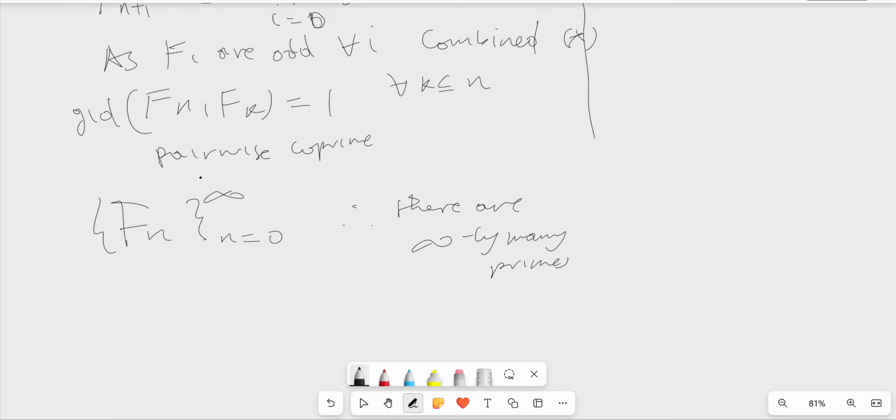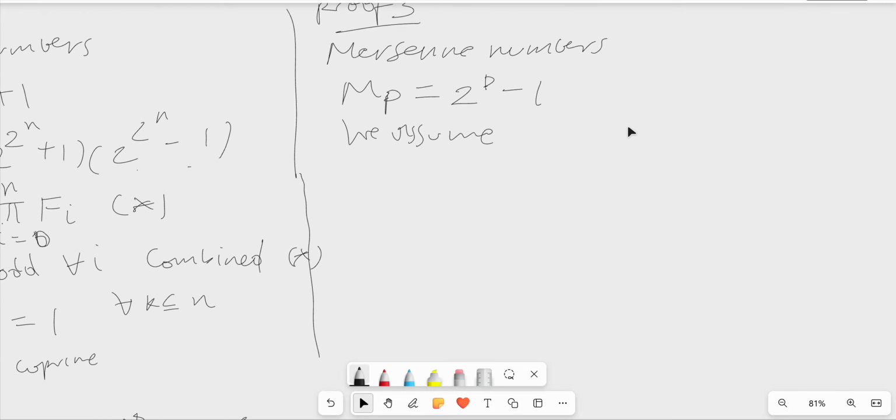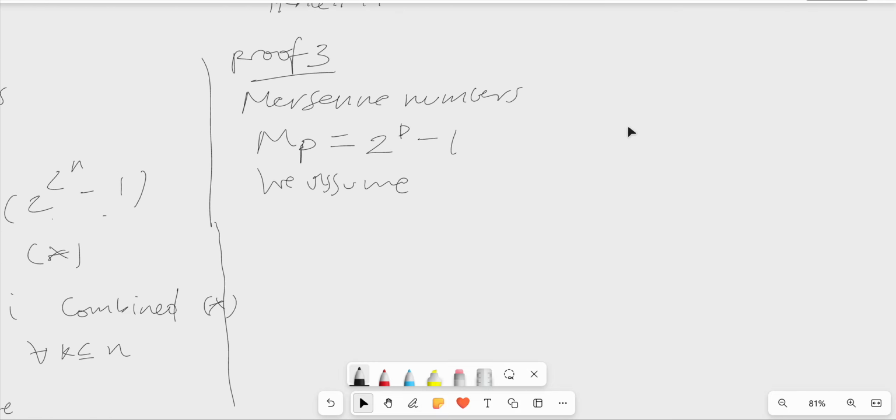We use two ideas: the fundamental theorem of arithmetic, saying that these numbers have prime factorization, and the idea of contradiction, where we assume they are finite and find a contradiction. The same goes with the third proof.